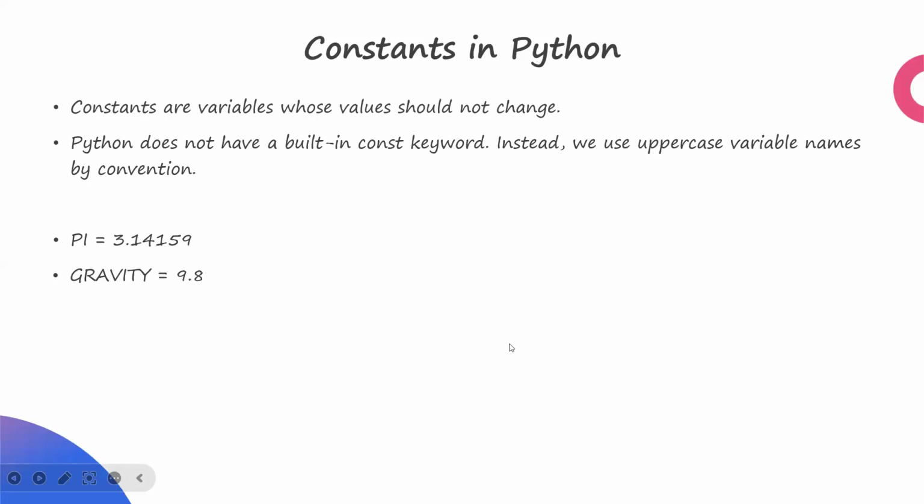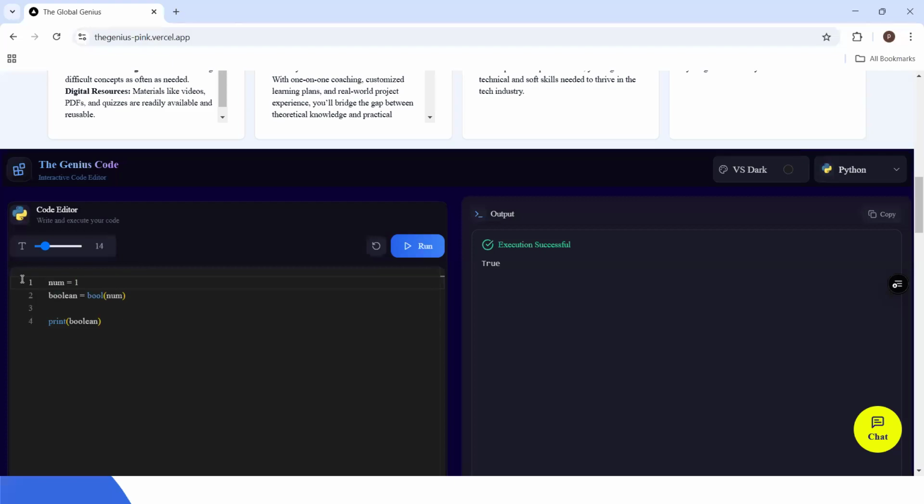So let's go to the website and write some code. I'm going to say pi is equal to 3.14. Imagine if I try to change pi again, let's see if we get any error. And I will now say print pi. If I run this, okay.